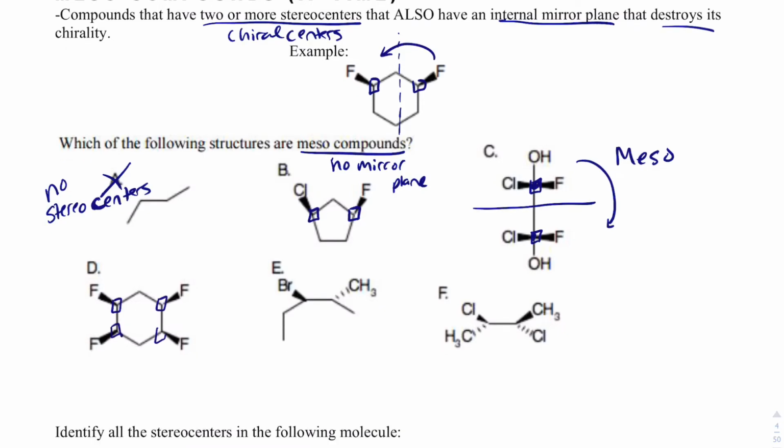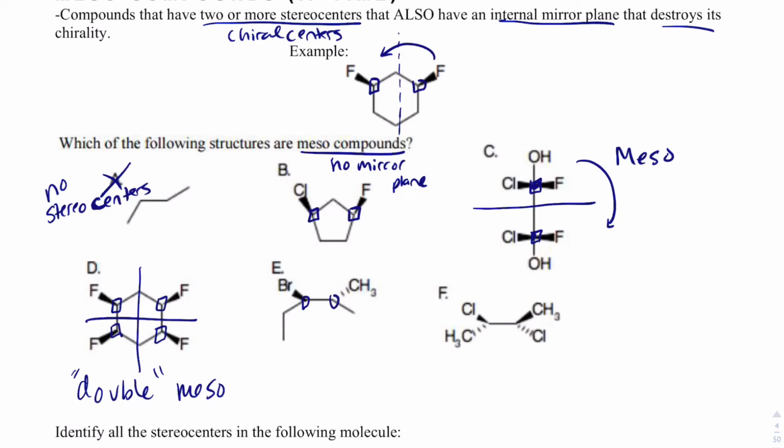Chiral centers, and this is what I call a double meso compound because we could fold top to bottom or left to right. Here we have a chiral center, but we don't have 2 chiral centers, so there's no way that this could be meso.